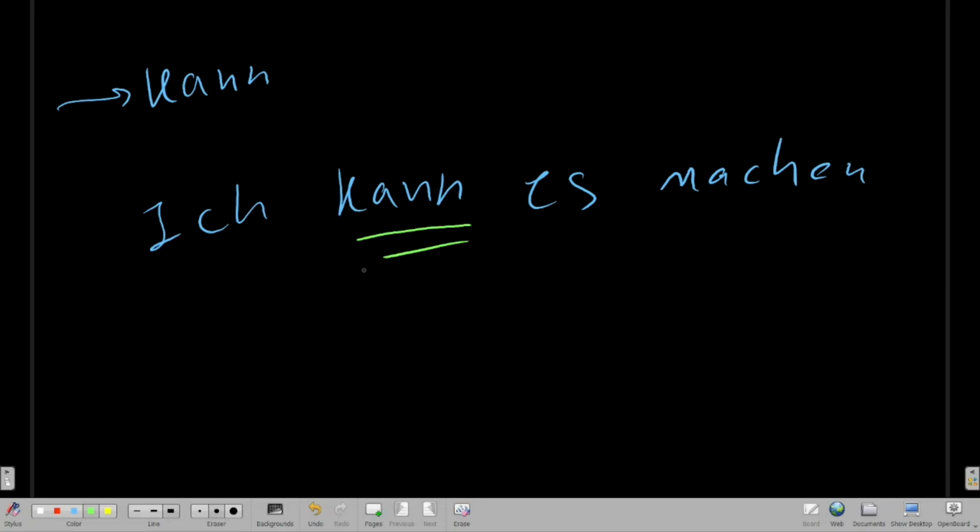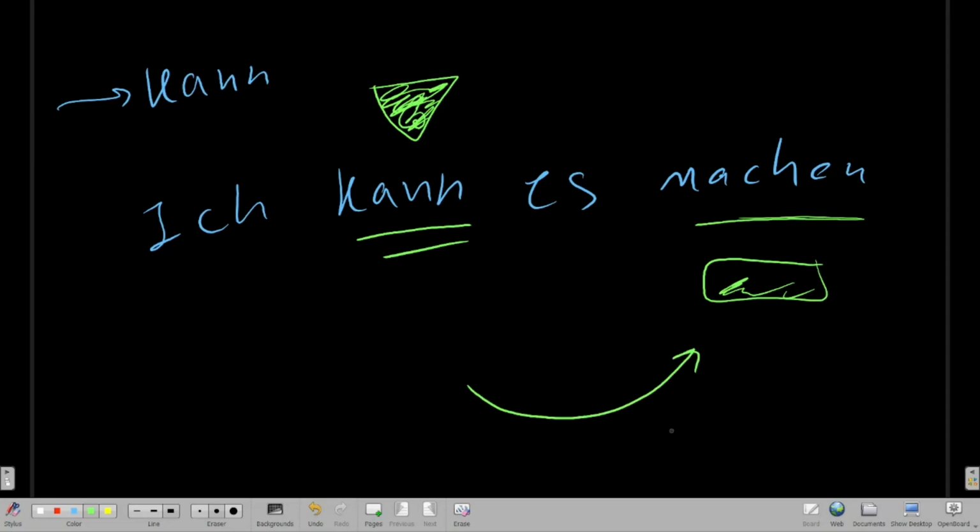It focuses on the ability here, and that's the important thing. It's not important that you did it or did not. What's important is that you can do it or not. This carries the most meaning. Kann came in the second place, and the verb machen went to the last place. Kind of like the separable verb, right? The verb came here, and the prefix went to the last place.